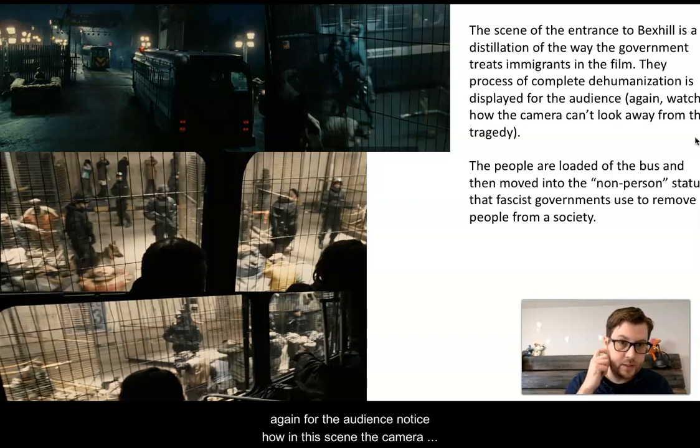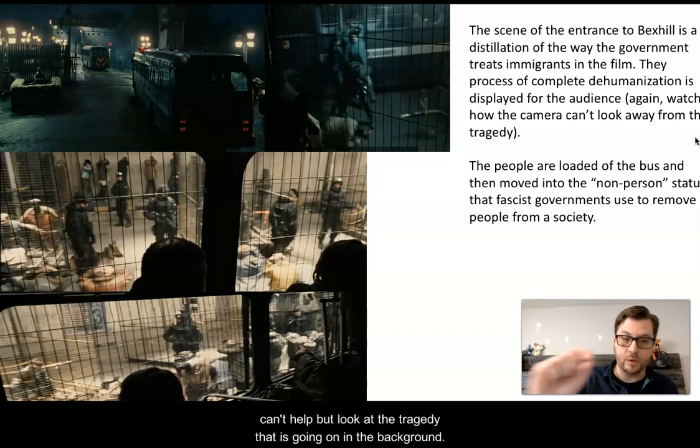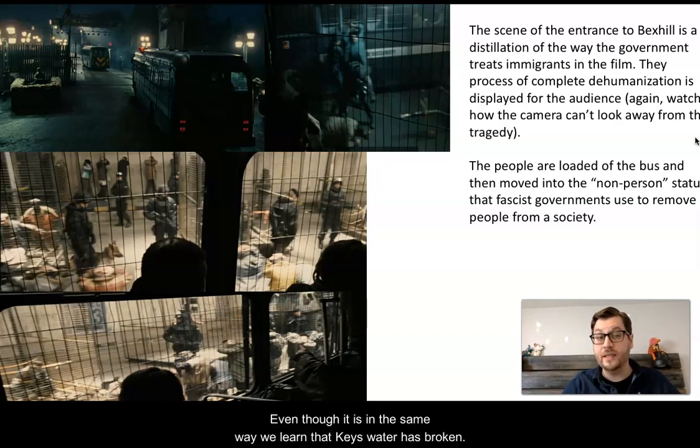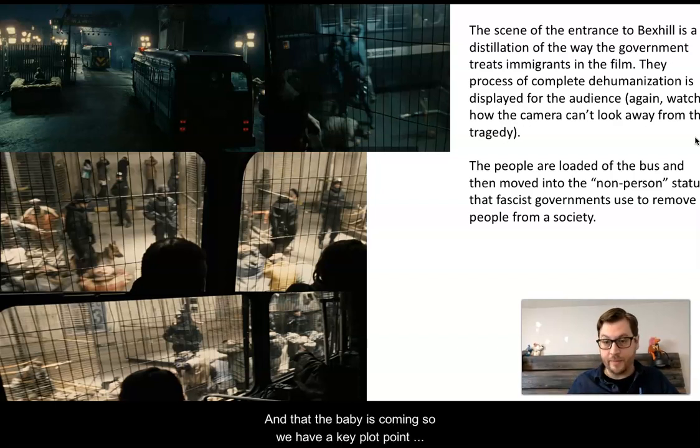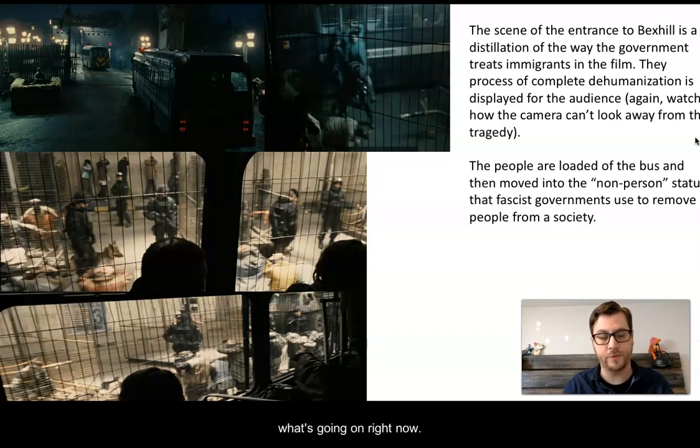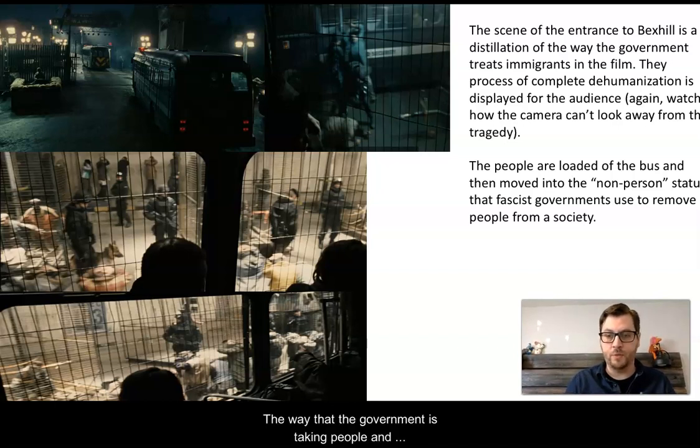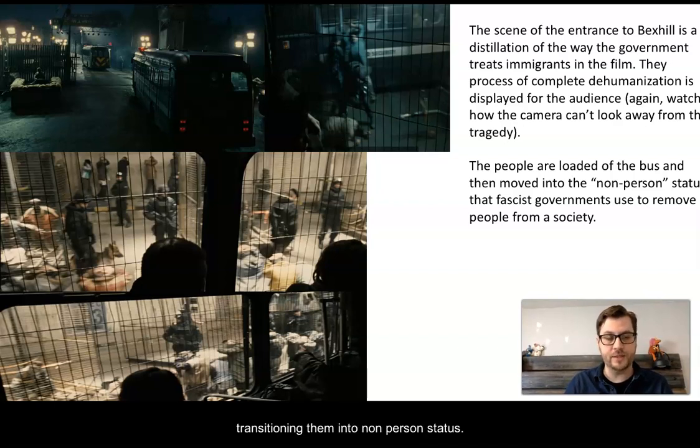Notice how in this scene, the camera can't help but look at the tragedy that is going on in the background. Even though in this scene we learn that Kee's water has broken and that the baby is coming, so we have a key plot point, the birth of the baby, the camera can't help but show you that the most important part of this scene is what's going on right now: the way that the government is taking people and transitioning them into non-person status.